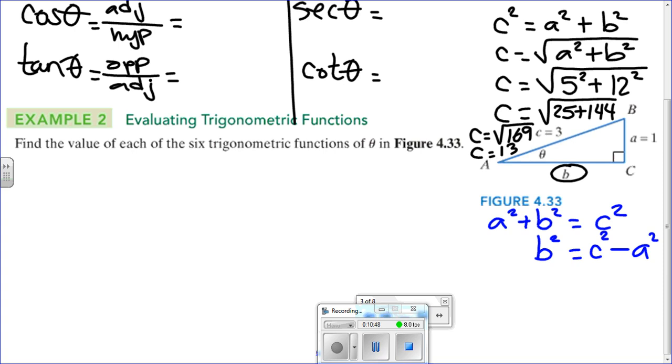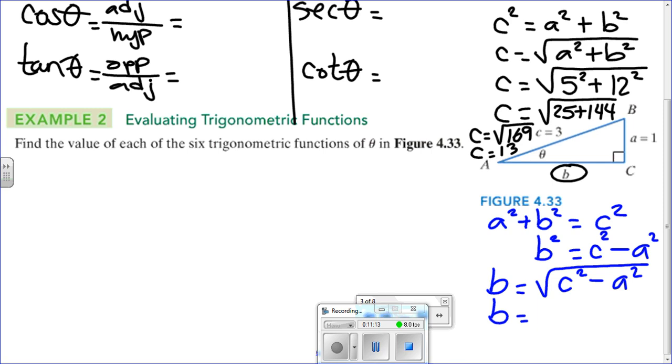This is very important, guys, because I've seen exams where everything is good except that the way they got b was wrong. One way for you to check is that the hypotenuse always has to be the longest side. If you get something different, then you did something wrong. The sides have to be shorter than the hypotenuse.